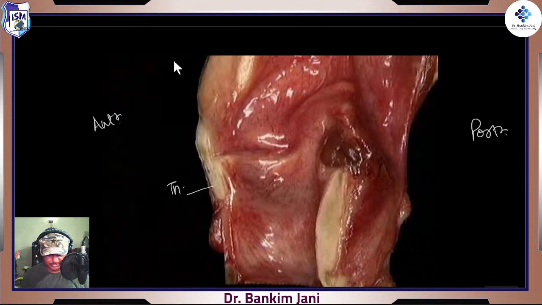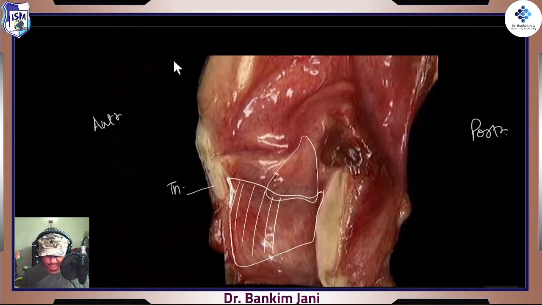So let's start the elasticus from here. Then it goes down, and then there is the cricoid, so it will go all the way like this. And then it will be connected to that arytenoid. So yes, we were saying the arytenoids will be over here. So that's the location of the conus elasticus.